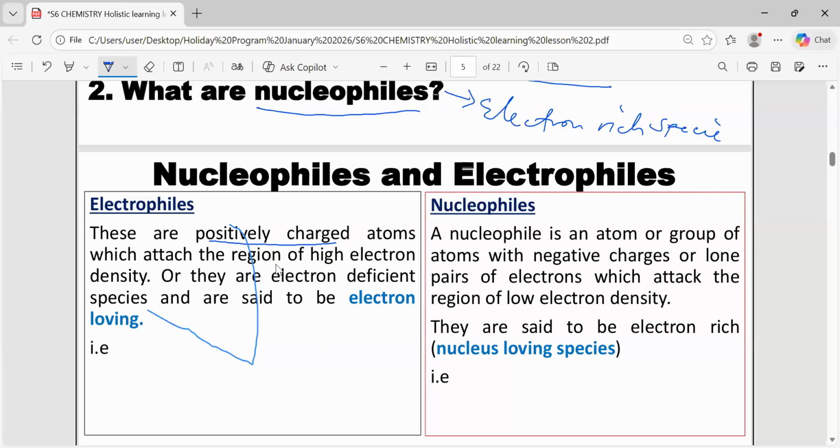Or in other words, they are electron deficient species, species which lack electrons. They can also be said to be electron loving, therefore they move towards where the electrons are.